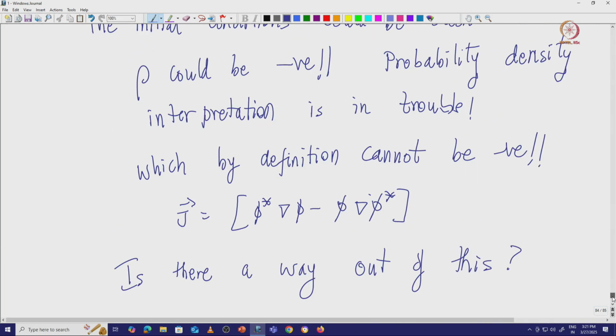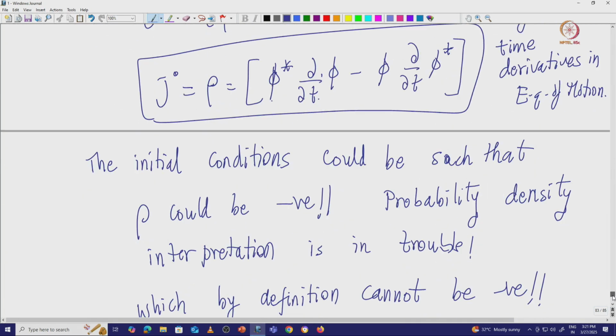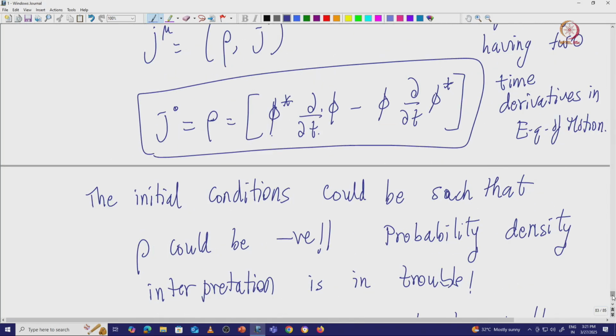Now you see, when can rho be negative? Let's not call it a probability density. Now go back to electrodynamics and imagine that you have a system of particles made up of both electrically positive and electrically negative charged particles.